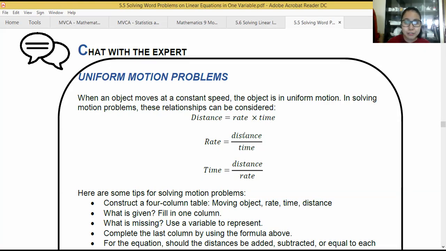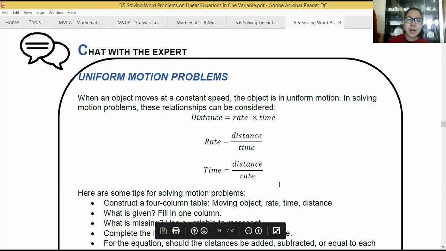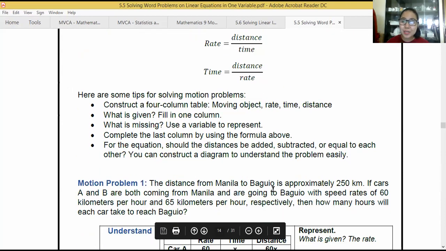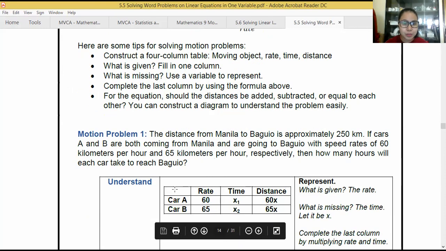So if you're looking for distance, then we will have this first formula. If you're looking for rate, the second formula. And if you're looking for time, you will have the third formula. Now, how are you going to solve motion problems? Here are some tips. Number one, you need to make a 4-column table like this one.